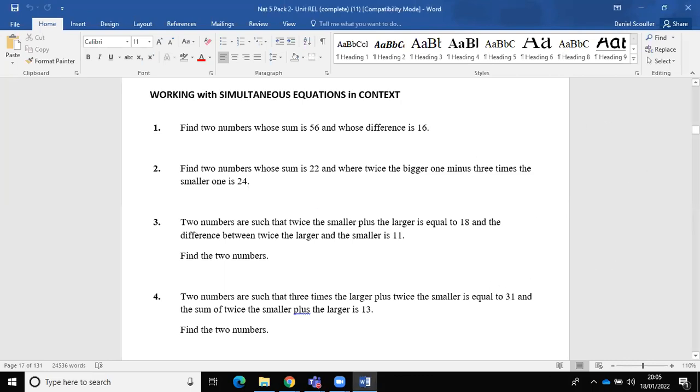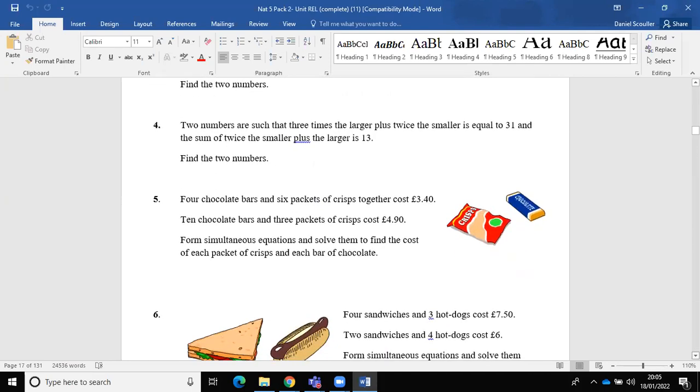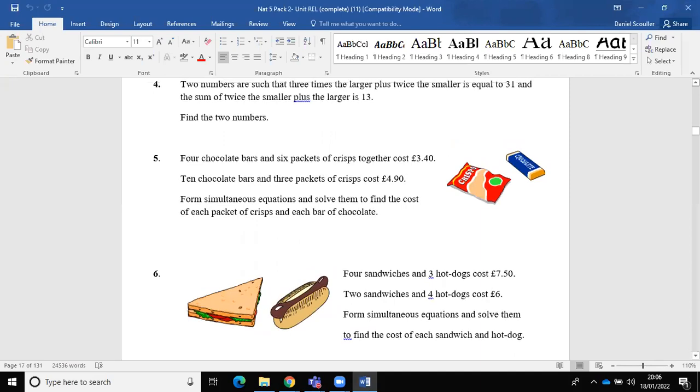What would be more likely to come up is something like question 5. Let's do question 6.